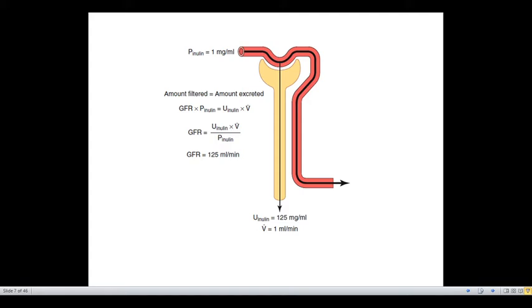Therefore, 125 milligrams per minute of inulin passes into the urine. Inulin clearance is calculated as the urine excretion rate of inulin divided by the plasma concentration, which gives the value of 125 milliliters per minute.